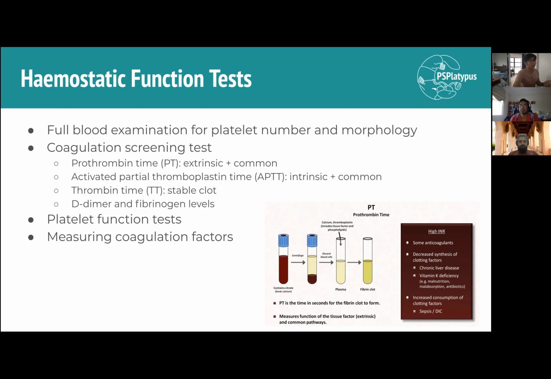As well as platelet function tests, you can measure how fast they form a clot. And if they're not working correctly, you'll have decreased times, as well as measuring the amount of coagulation factors within the blood, as reductions in those could be an indicator of poor liver function or some type of deficiency, maybe vitamin K, which is required for factors 2, 7, 9, and 10.